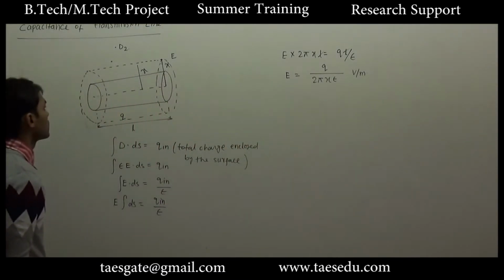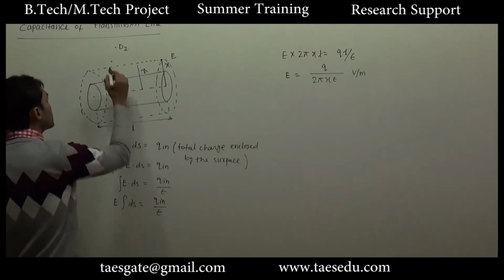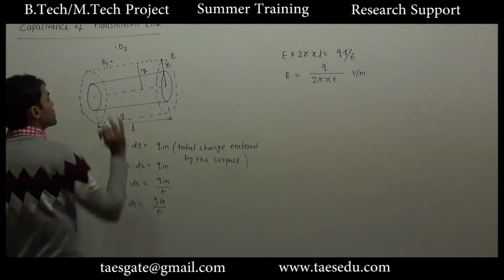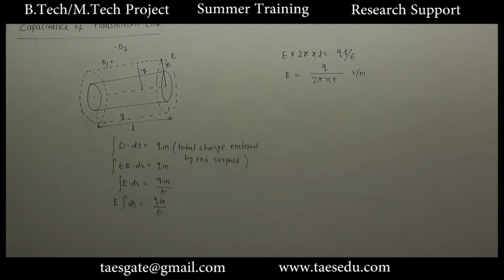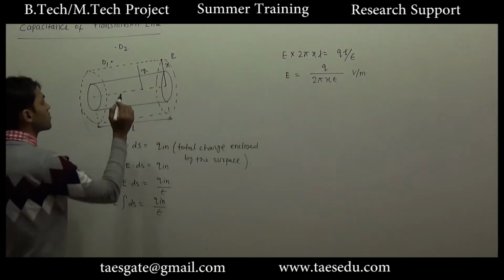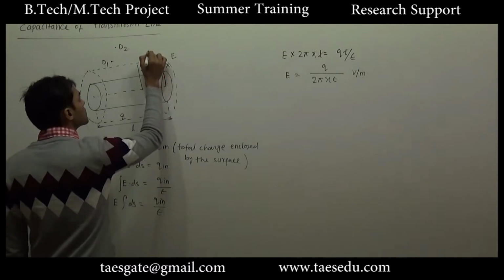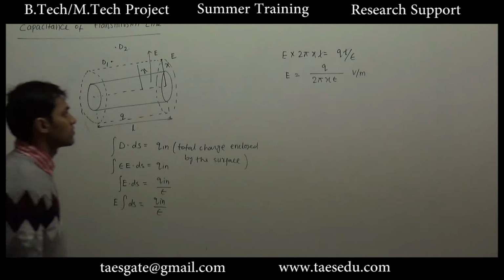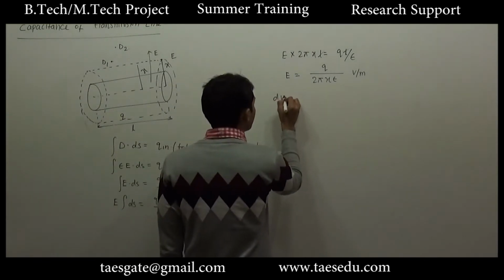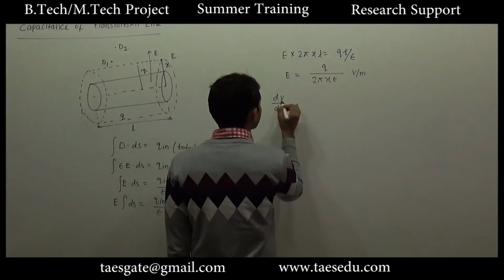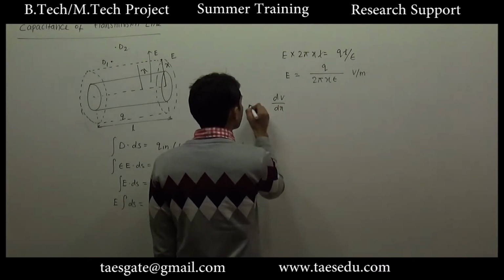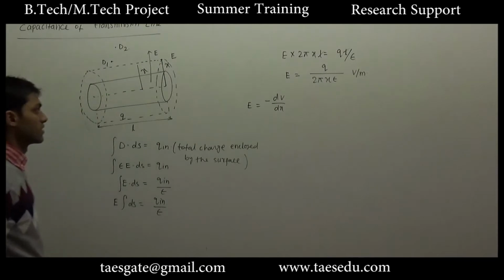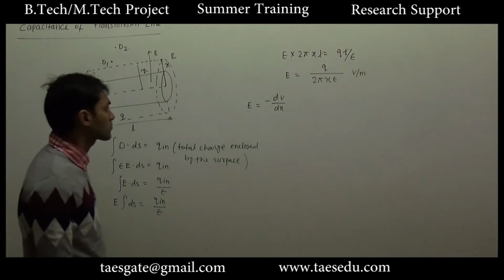Now let us try to find out the potential difference between, let's say this point is T1, this point is T2. Okay. Obviously the direction of electric field will be outside the surface. So we will apply the formula: dV by dx, or electric field, is nothing but the rate of decrease of potential with distance.